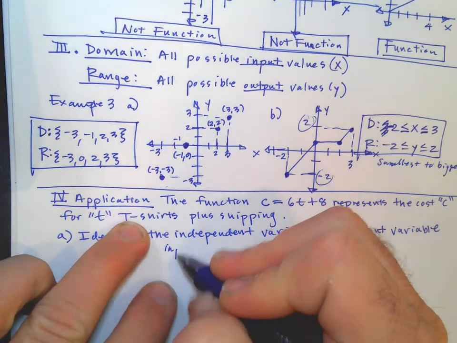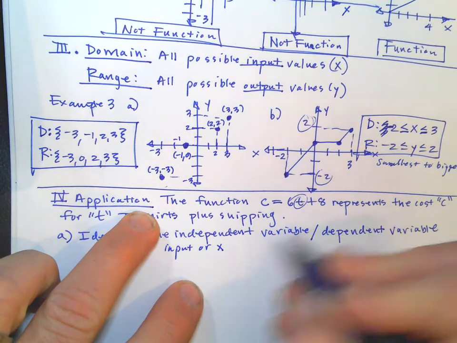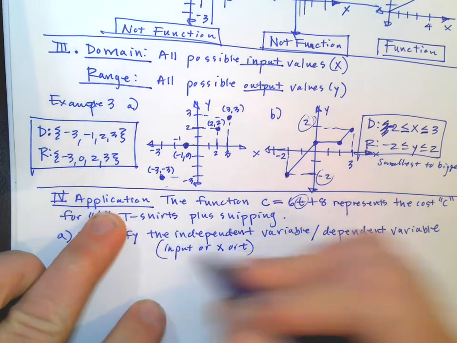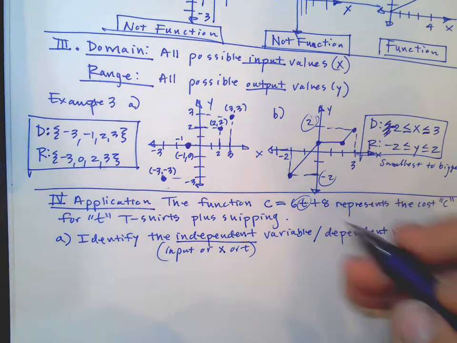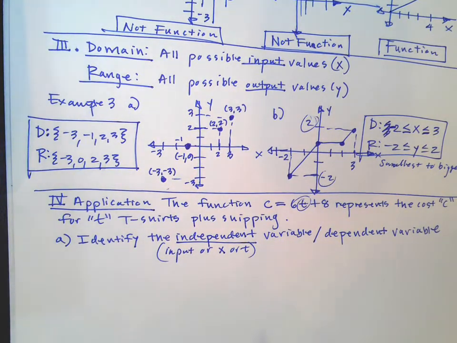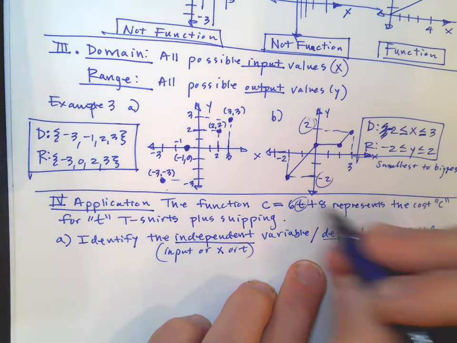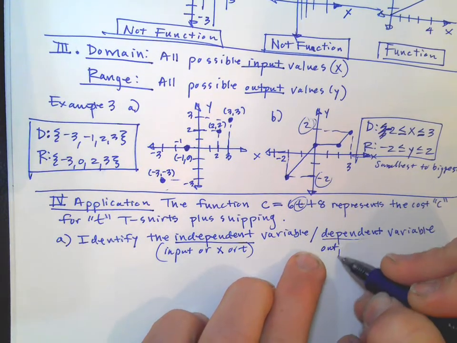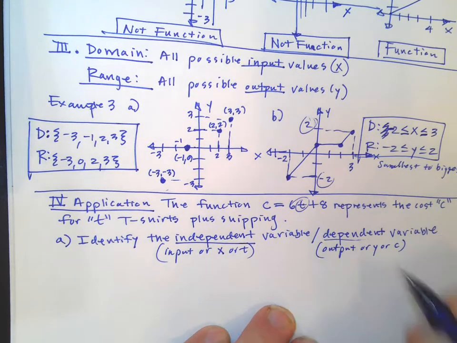It's the input, or the x value, or in this case, the t is what gets plugged in, right? The dependent variable is what you get out, or the thing that depends on the other one. So C, the cost, depends on how many shirts you buy, right? You don't really think of it the other way, that the amount of shirts depends on the cost. No, how much you're going to spend depends on how many shirts you buy. So this is the output, or the Y, or in this case, the C, right?